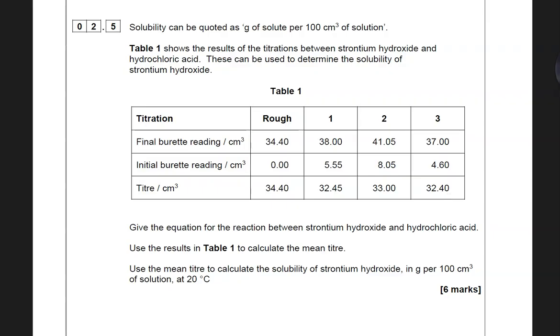Let's go on and write the equation and do the calculation. The first thing that this part of the question asked was to write the chemical equation between strontium hydroxide and the hydrochloric acid that we do in the titration.